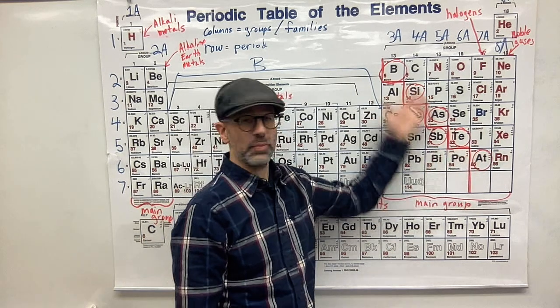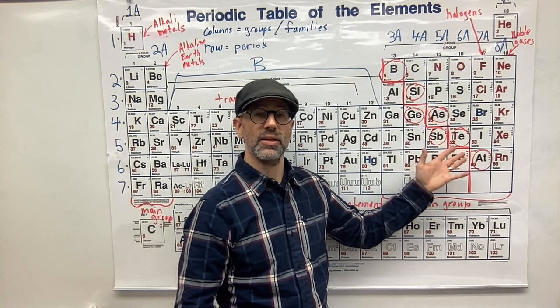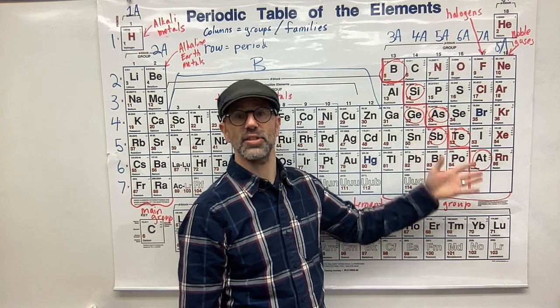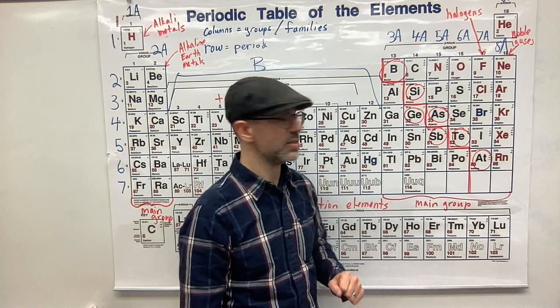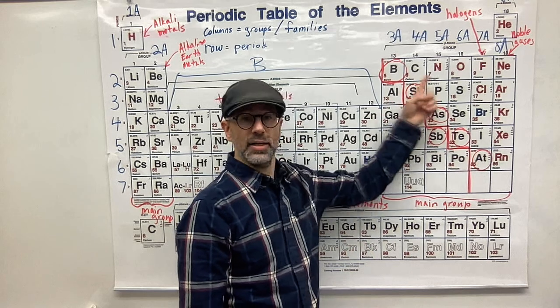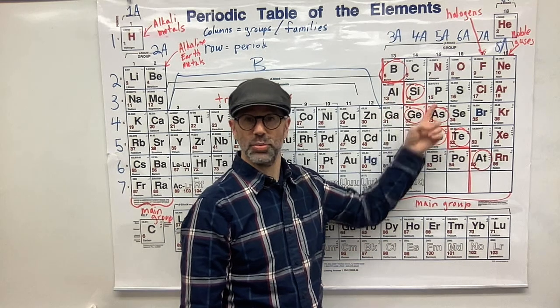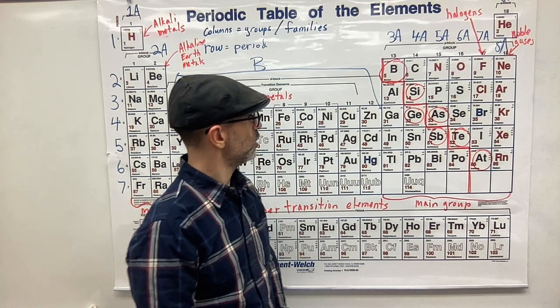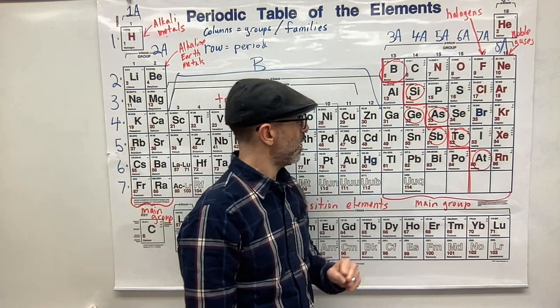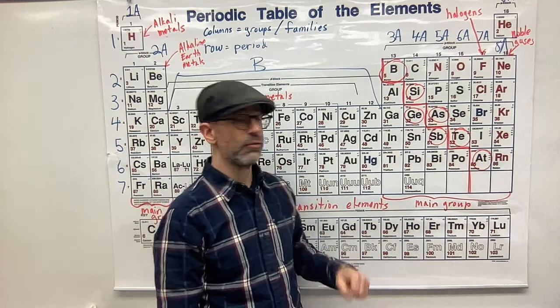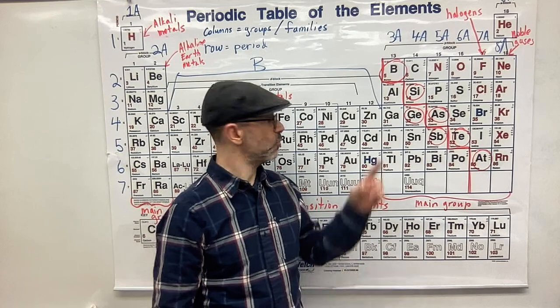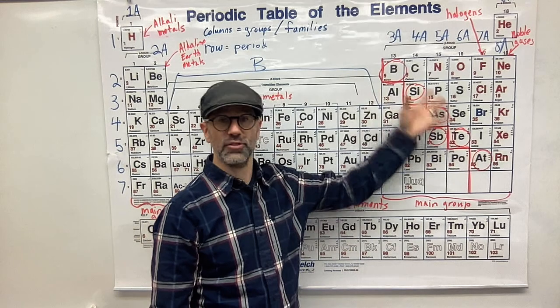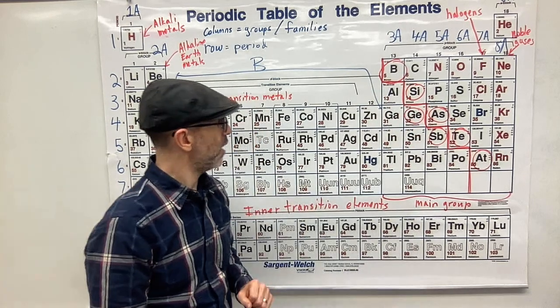So the other thing special about these is these guys tend to be the semiconductors. These are the elements from which we get the semiconductors. Silicon is a semiconductor used in computers, right? So this is very important for our computers and computer chips and things like that. That's why we refer to where we get our electronics and stuff, Silicon Valley, right?